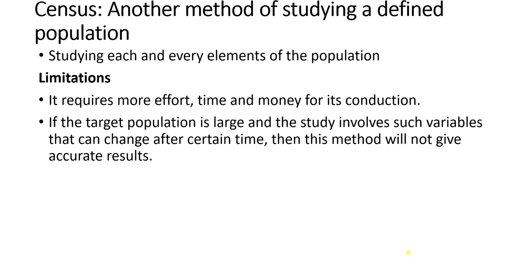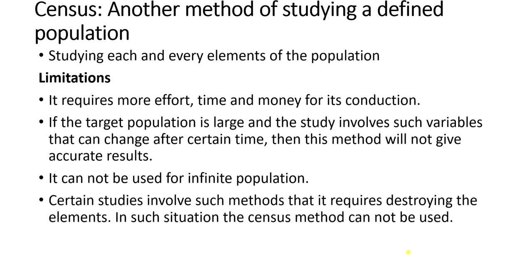So this method in this condition cannot be used or will be difficult to use, and if used it will not provide accurate results. Similarly, it can also not be used if the population is infinite, because infinite population means there are so many elements that we cannot count, we cannot access each and every element. So the census method is not possible.